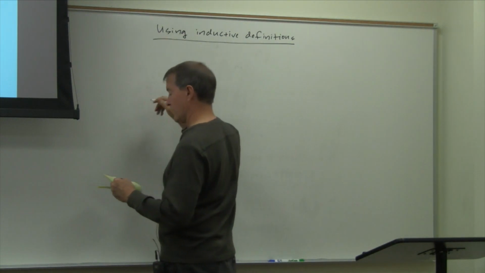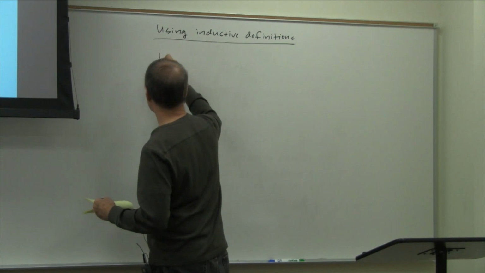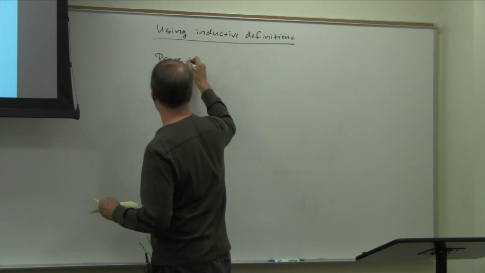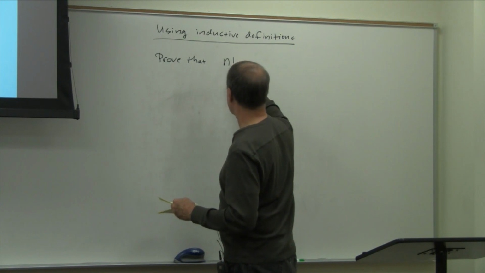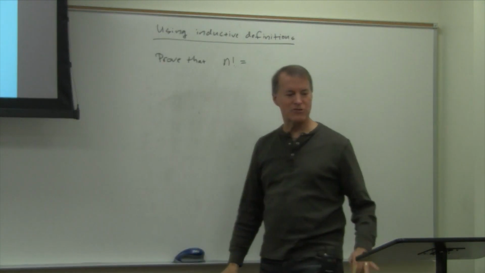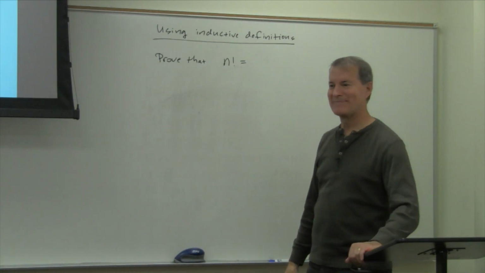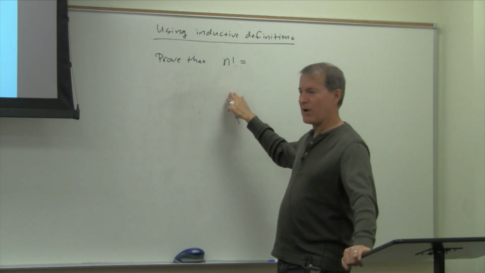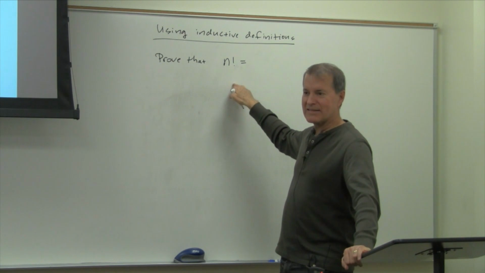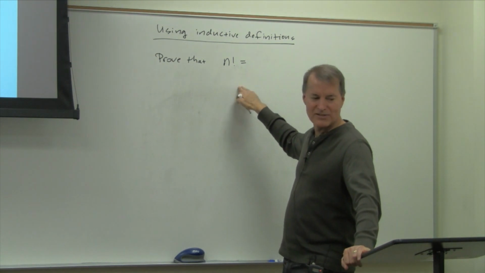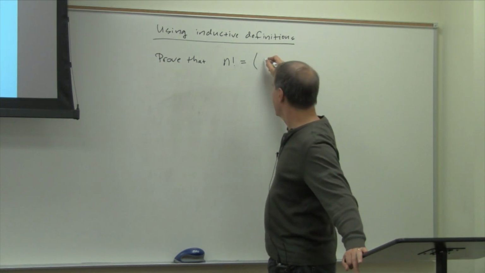Here's what we're going to prove. Prove that n factorial equals, now we're going to do some formal methods. How would you write that it's the product? N times n minus 1 times, so what is that?